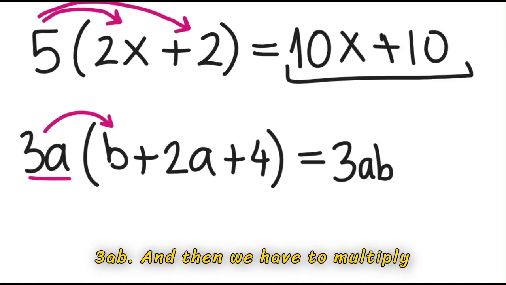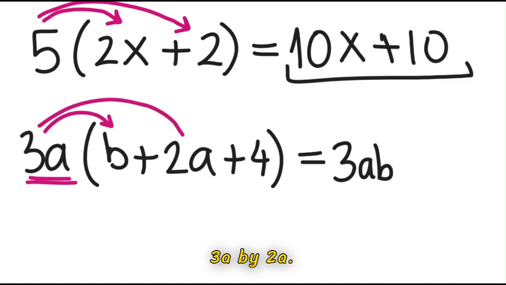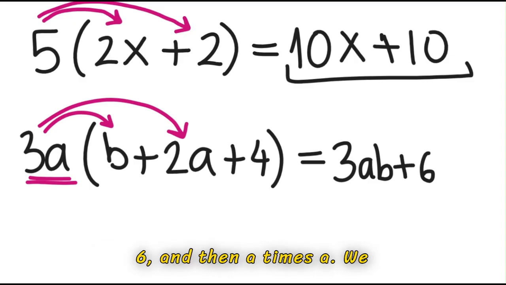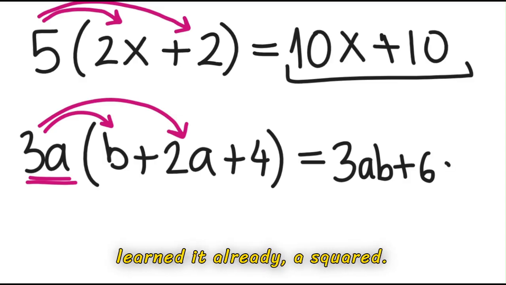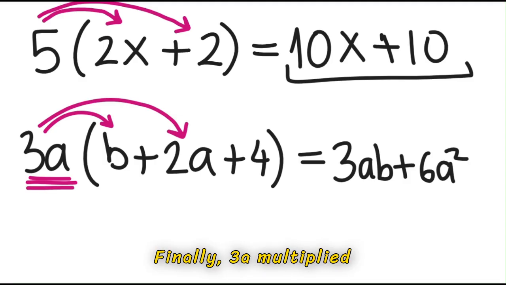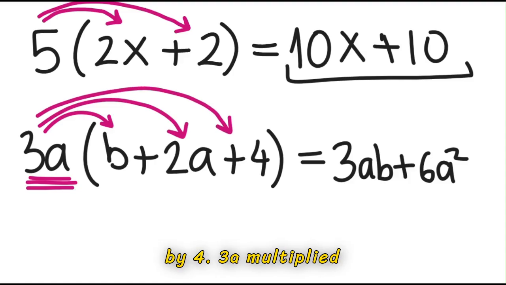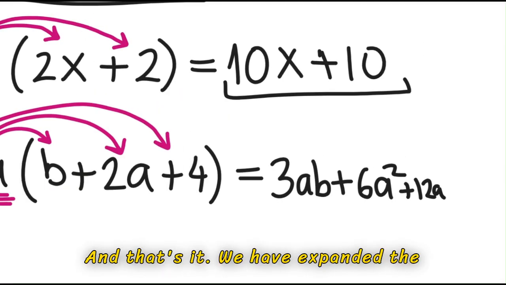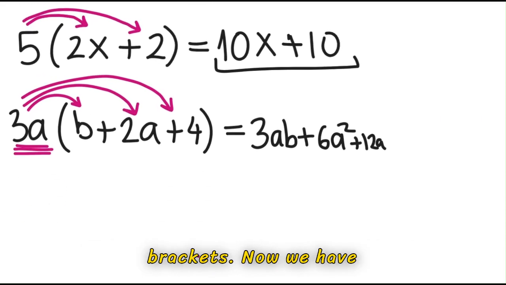And then we have to multiply 3a by 2a. 3 times 2 is 6, so it's going to be 6, and then a times a, we learned it already, a squared. Finally, 3a multiplied by 4 is equal to 12a. And that's it. We have expanded the brackets.